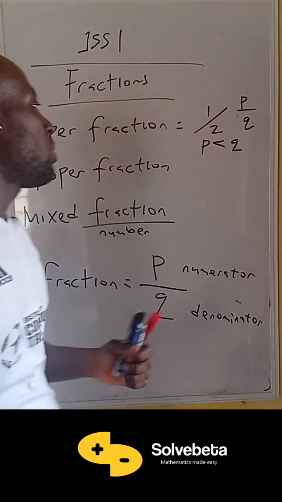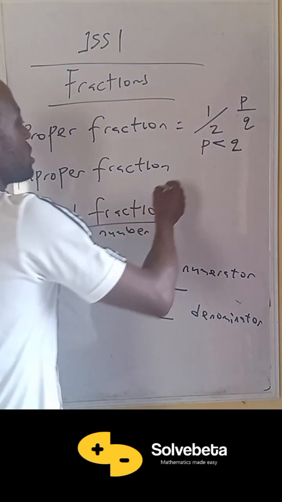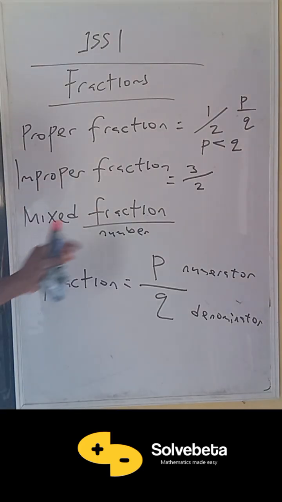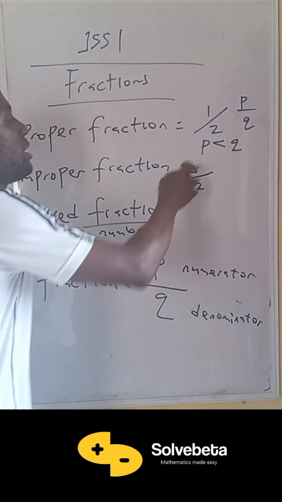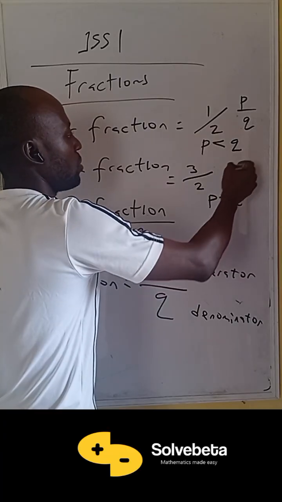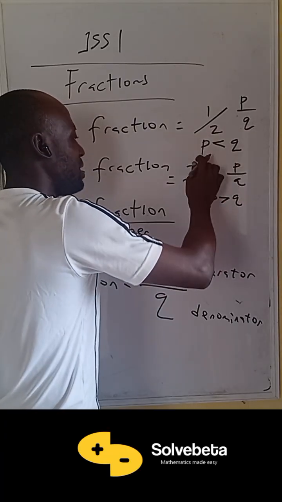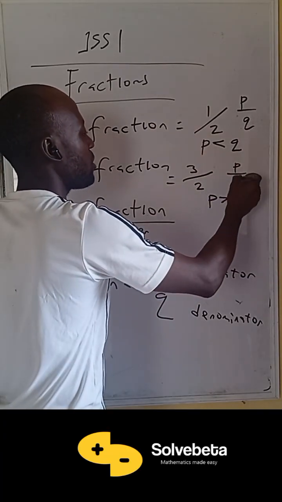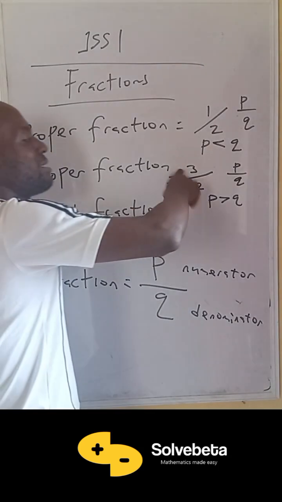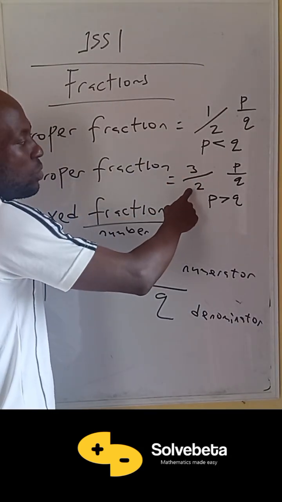But when it is the opposite, when the numerator is greater than the denominator, when P is greater than Q, then it becomes an improper fraction. When the one above is bigger than the one below.